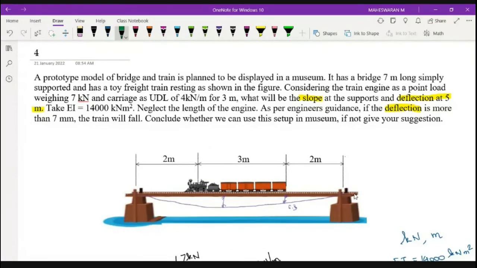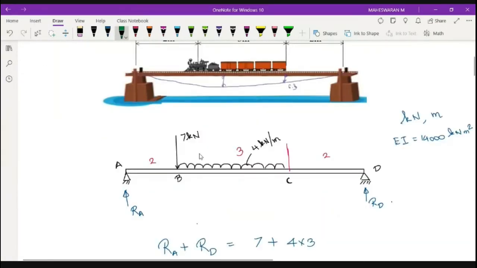Okay, so this is my beam. The maximum load, 7 kilonewton, is acting at B. The 4 kilonewton per meter is a UDL which is acting along this direction. So my question is whether you have maximum deflection after 5 meter. No, you don't have any maximum deflection after 5 meter. Similarly, whether you have maximum deflection before this 2 meter.